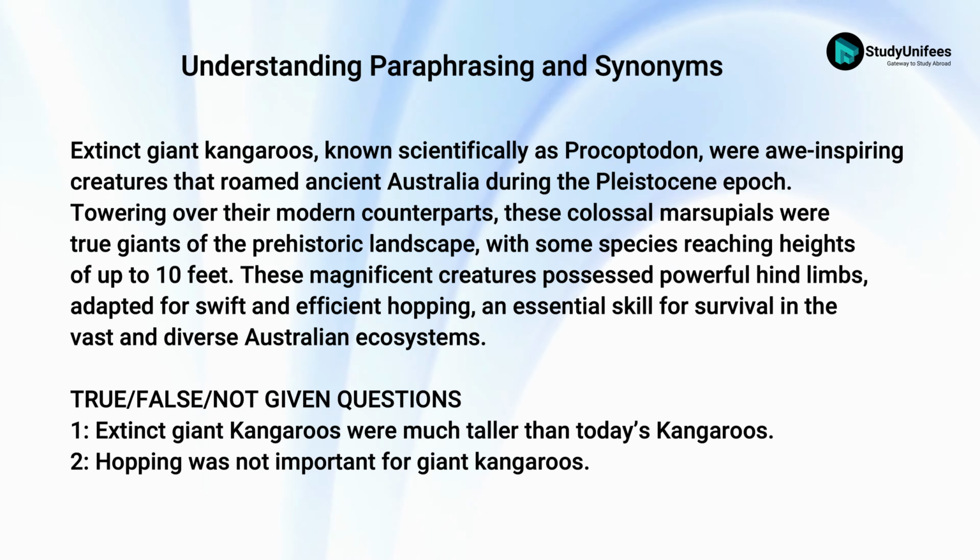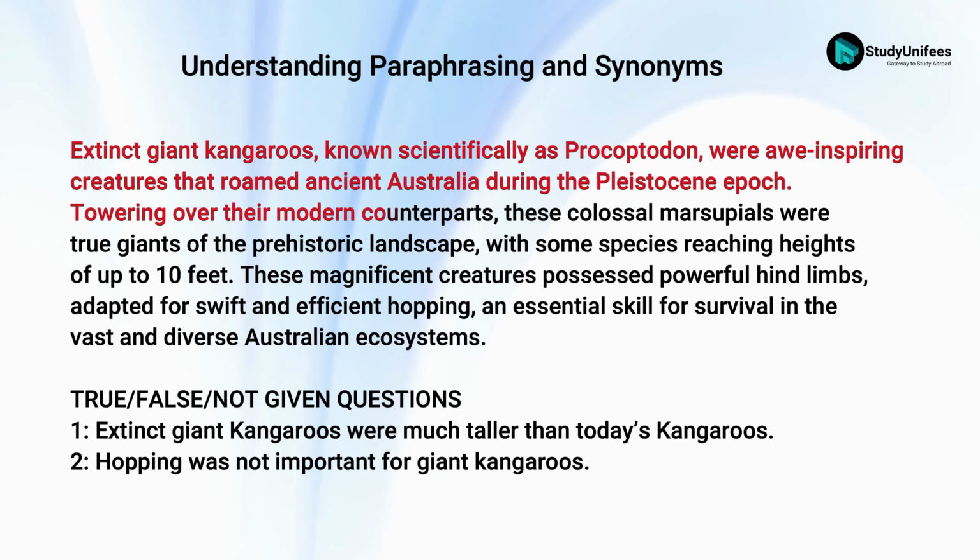Question number 1 of the true, false, not given question says that extinct giant kangaroos were much taller than today's kangaroos. Now, let's read the passage to understand whether it agrees with this statement or not. Extinct giant kangaroos, known scientifically as Prosoptodon, were awe-inspiring creatures that roamed ancient Australia during the Pleistocene epoch.